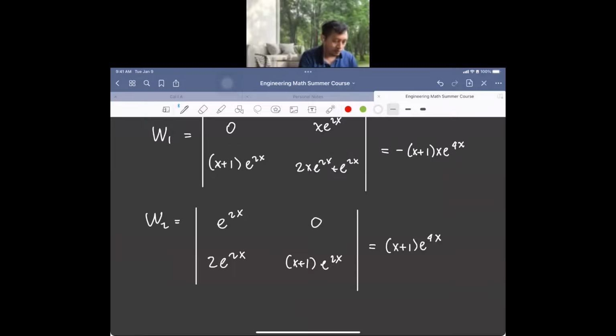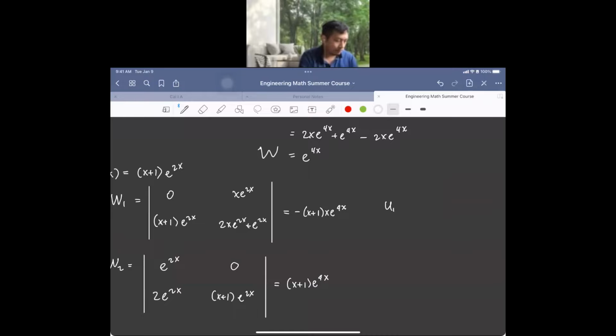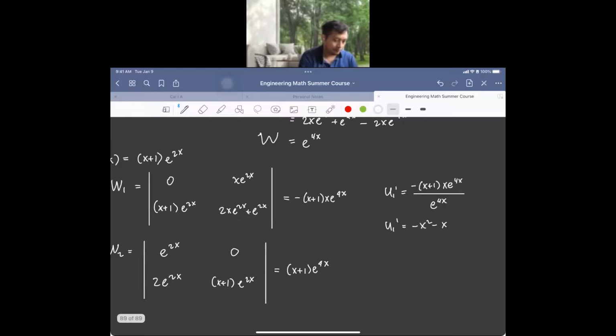And now from the w1 we have u1 prime is negative x plus 1 times x e to the x, divided by w, which is e to the x. Okay, so we will have u1 prime is negative x squared minus x.